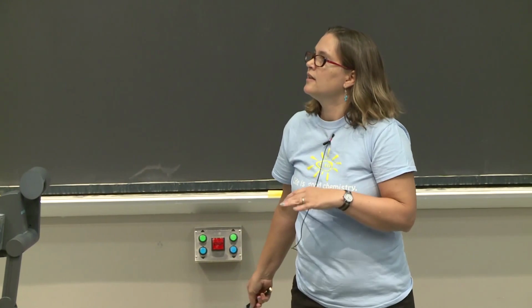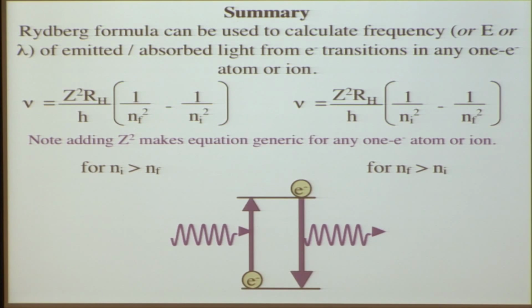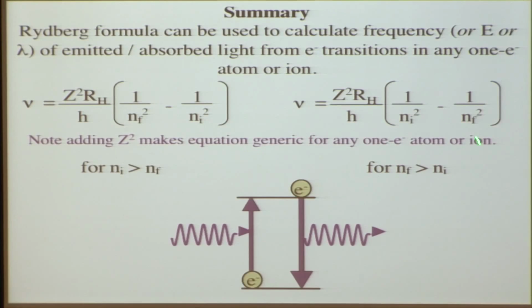So let's consider a summary of both of these things: emission versus absorption. We have this Rydberg formula, which is what this is called, and it can be used to calculate the frequency of either emitted photons or absorbed photons, so from either process. If we want to make it more general, it's still just a one electron case, but we can put our Z in for any one electron ion.